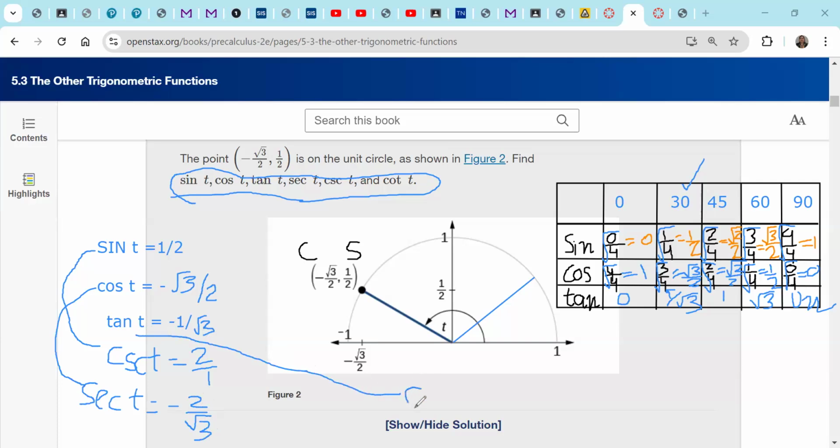So cotangent t is equal to negative of square root 3 over 1, or just write negative square root 3, just the reverse of that one. That's how you figure out these values. Let me know if a question, thought, or wonder came to your mind.